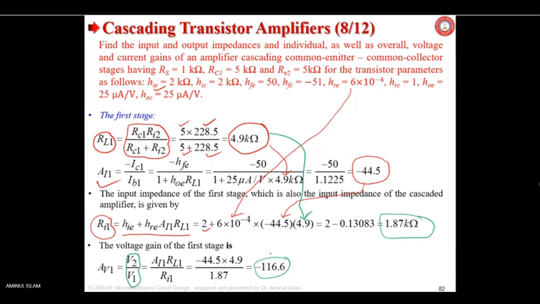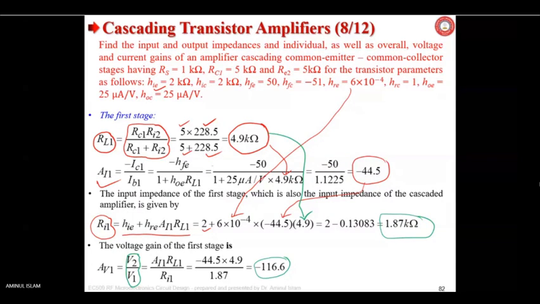The voltage gain of the first stage is minus 11.6. Minus 11.6 is the voltage gain. The minus sign is indicating what? Tell me. It's a common emitter.